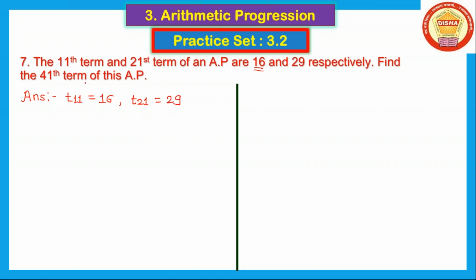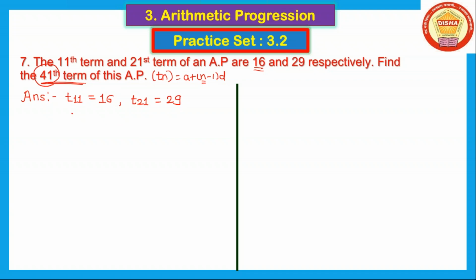We have to find the 41st term, means we have to find Tn. Then what is the formula for Tn? That is Tn is equal to a plus n minus 1 into d. But in the question, a is not given and d is also not given. Only the value of n is given, which is 41.